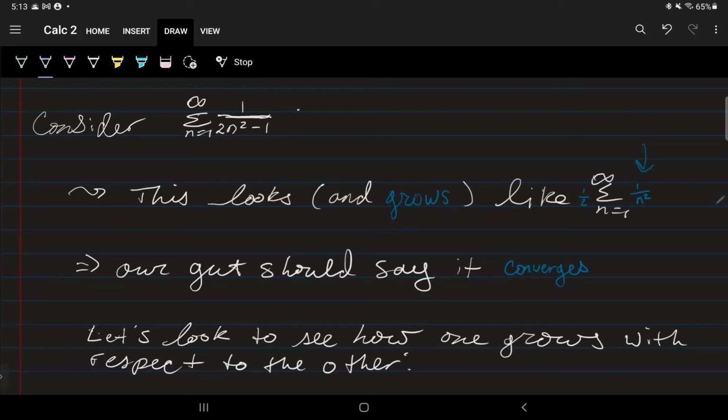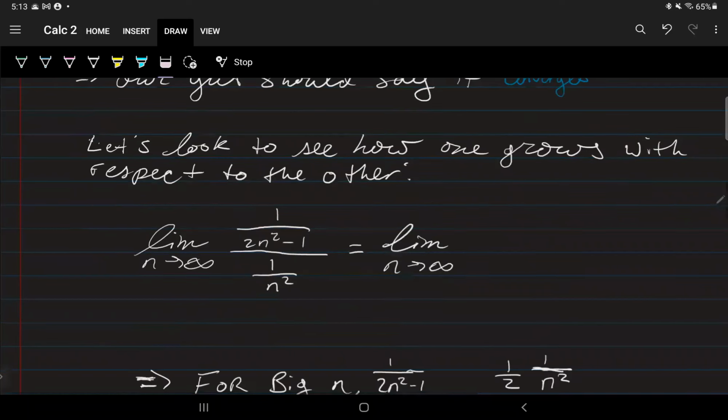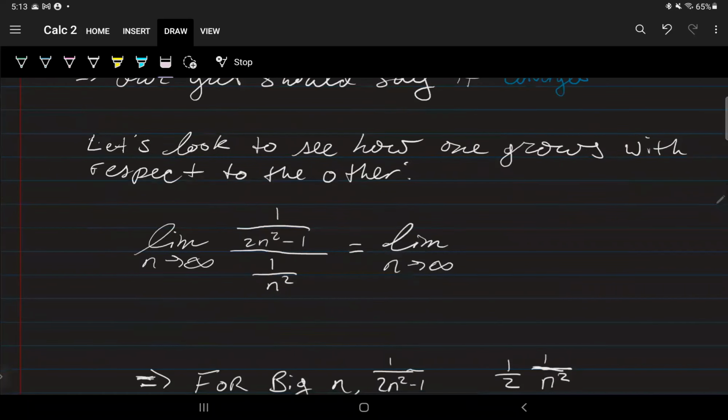Then when we take a limit, we can look at how the summands of the original series grow with respect to the summands of this new series. Okay, so let's go ahead and do that. We're looking for the limit as n goes to infinity of 1 over 2n squared minus 1 divided by 1 over n squared, right?